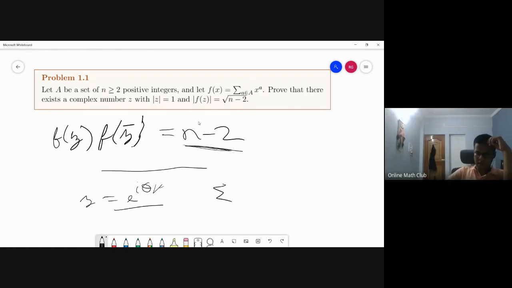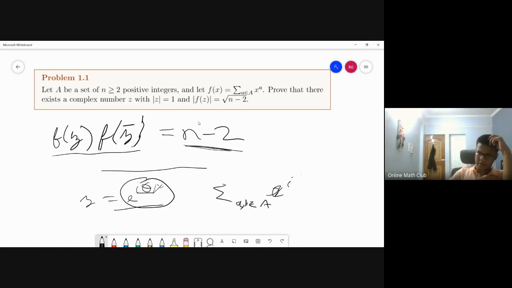What I was thinking was, when we multiply this, if we write it this way, with e to the i theta, then we are basically looking at a, b in A, the product across all such pairs of e to the i times theta times (a minus b).